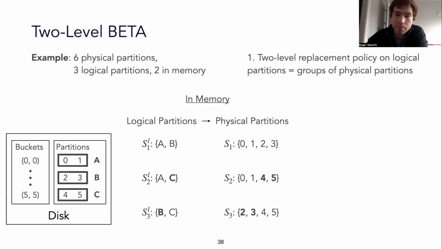Then with this setup, if we want to iterate over graph edges, we can use the two-level beta replacement policy to generate 3 logical in-memory subgraphs by swapping logical partitions one at a time between disk and CPU memory. And these logical subgraphs correspond to the following physical partitions in memory at each point in the epoch. And because we swapped logical partitions between subgraphs, 2 physical partitions are actually exchanged each time instead of 1, as in the previous example, increasing the turnover rate of graph data.